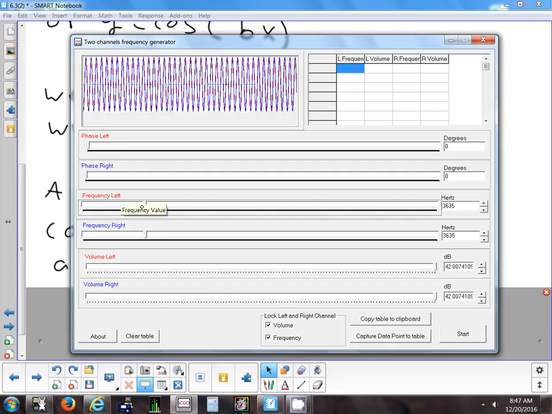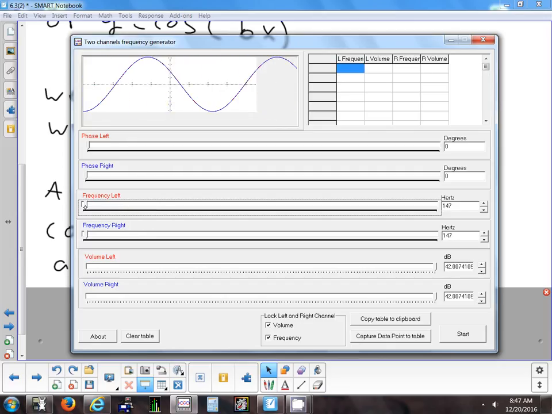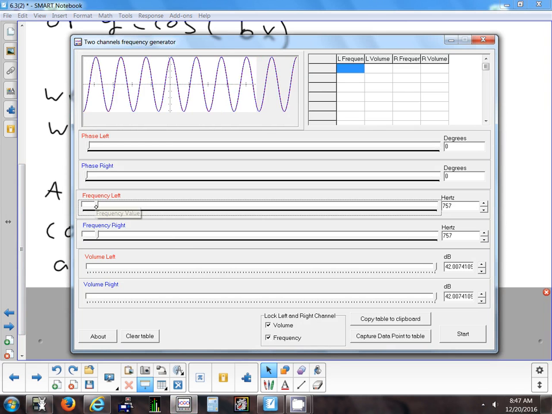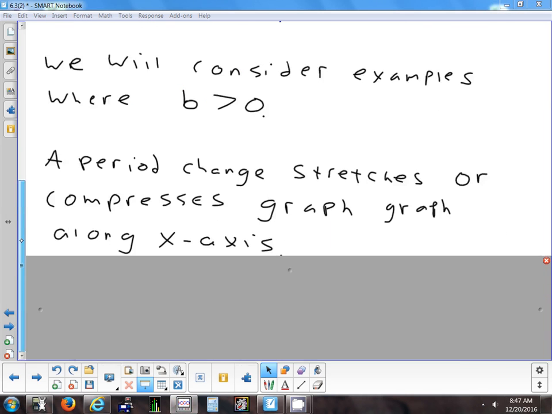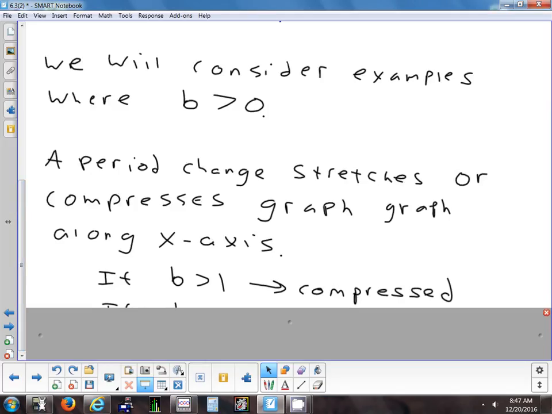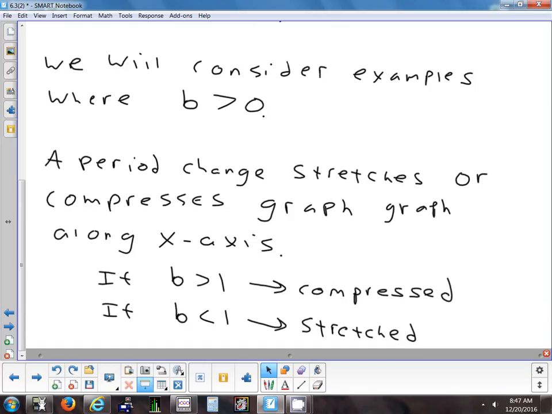That's compressing, and that would be stretching. If you plug in a number bigger than 1, that's when you get compression. The bigger the number, the more compression you get. And if you plug in a number less than 1, that's when your graph will stretch. But remember, it'll be less than 1, but it's still going to be more than 0. So numbers between 0 and 1.